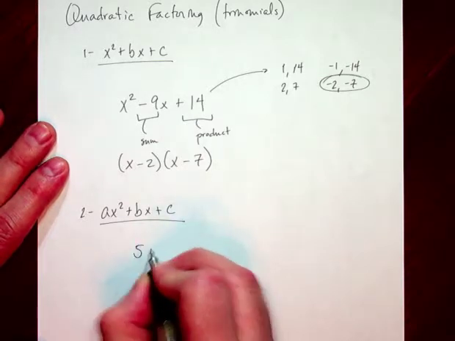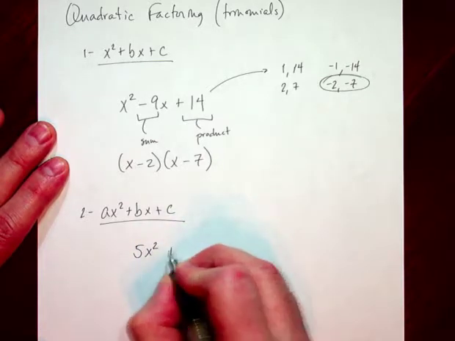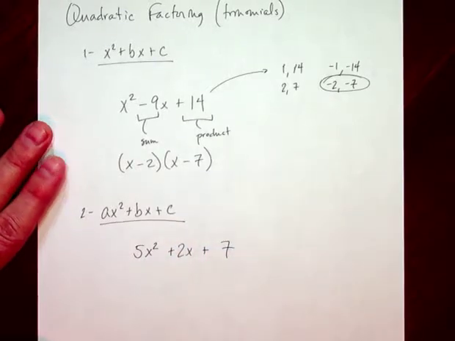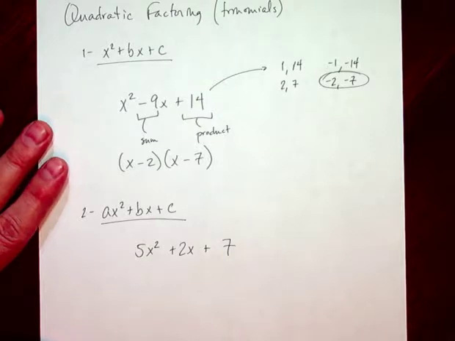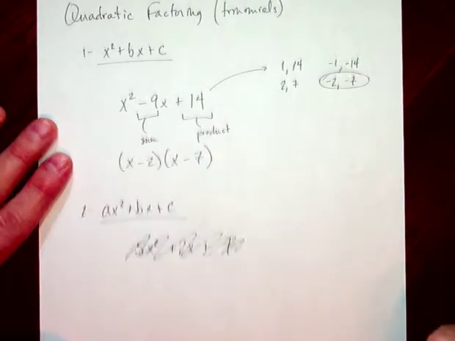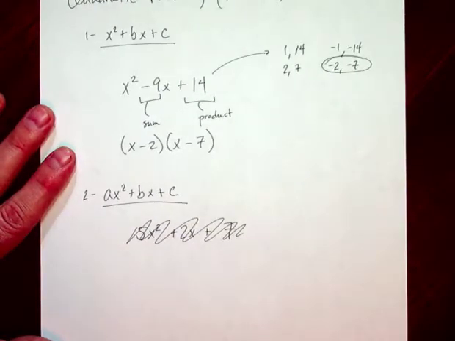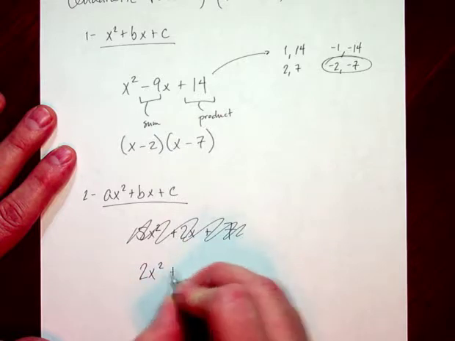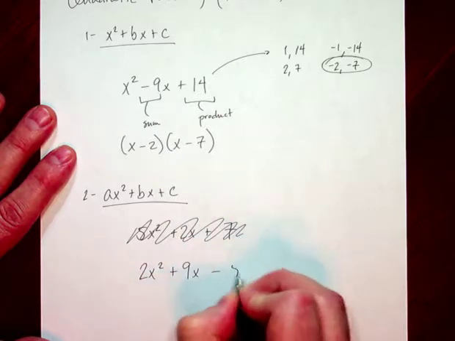If we're given 5x squared plus 2x plus 7, well, actually, that one's going to be prime. Let's do a different one. Let's say that we were given 2x squared plus 9x minus 5.